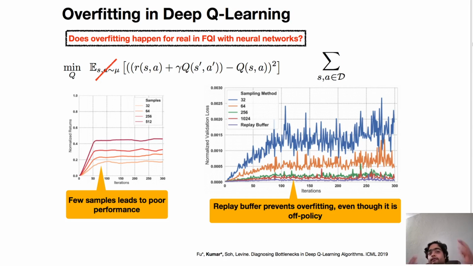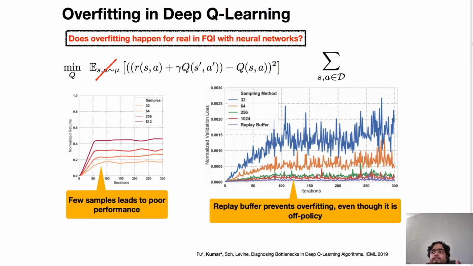The data that is given to you is not really on-policy data, but it's off-policy data. However, a replay buffer is very effective in preventing overfitting. So perhaps this is partially getting towards the answer to the question that we talked about at the very beginning, which is: why can off-policy distributions still be okay?